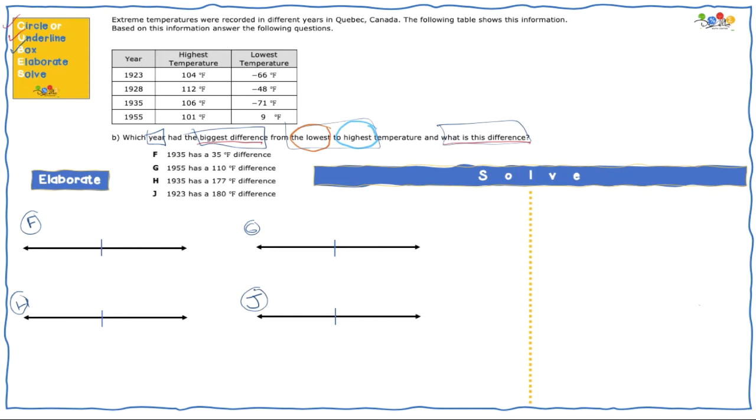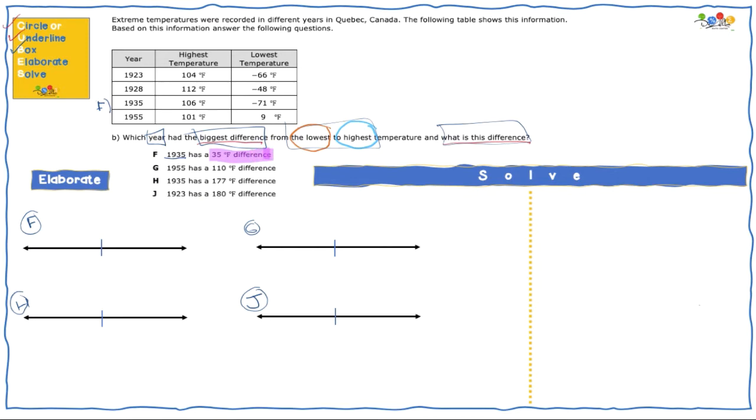Okay, so I'm going to look at option F first, and it says look at 1935. And 1935 is here. This is my F, and in this choice they said that there was a difference of 35, and I'm going to put that in pink. 35 difference.